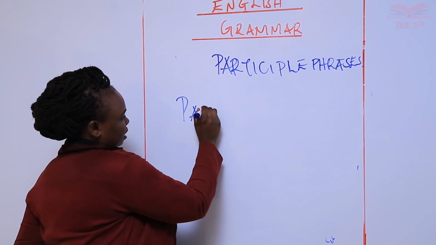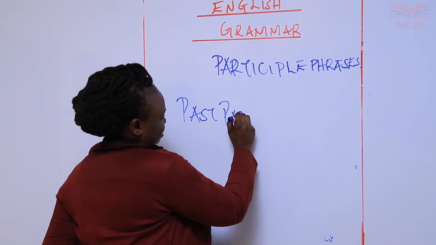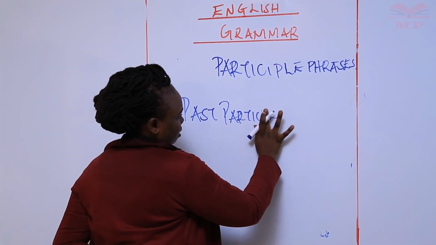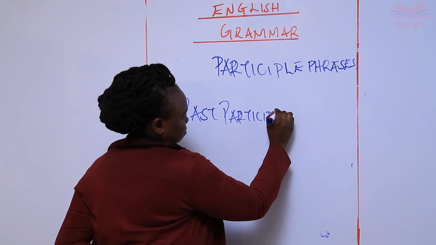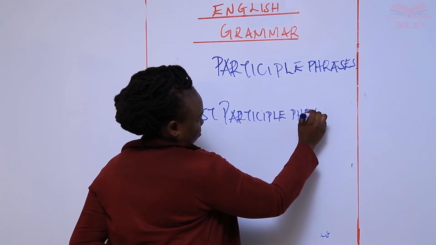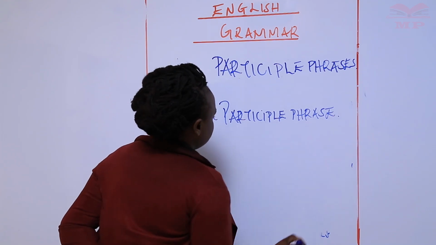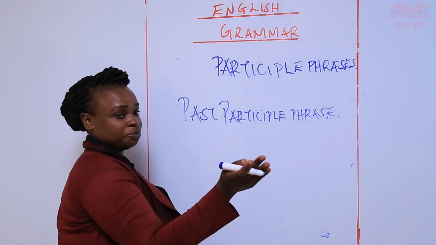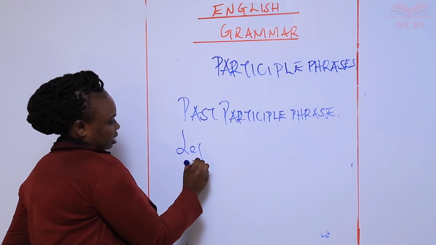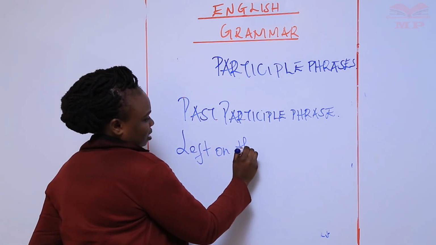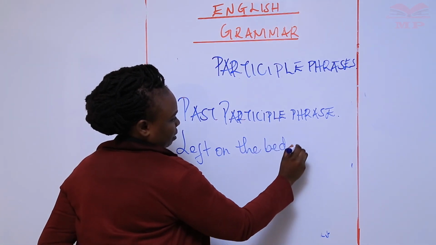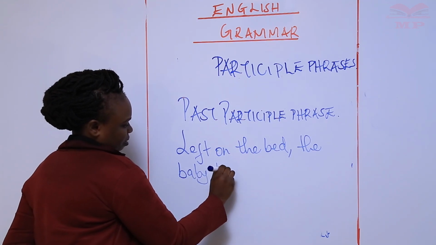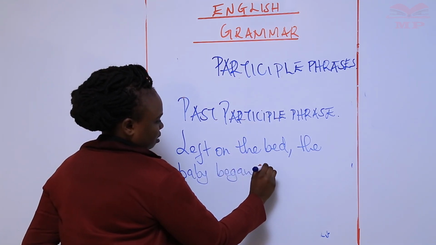So when you look at the past participle phrase, in such a case the phrase will start with a past participle. For example, left on the bed, comma, the baby began crying.